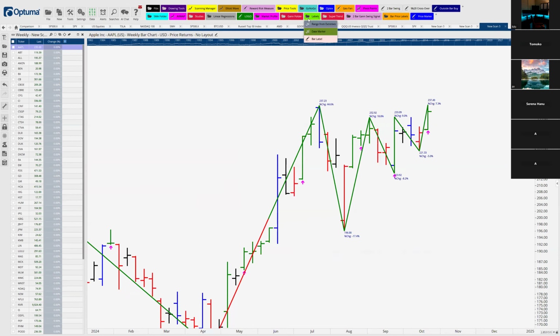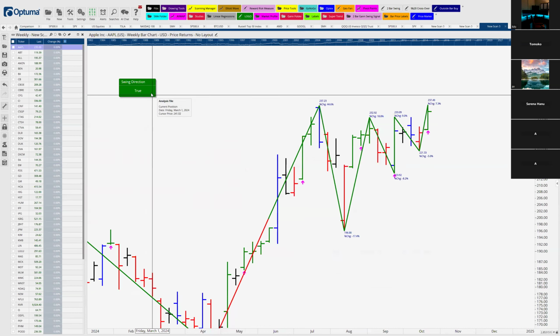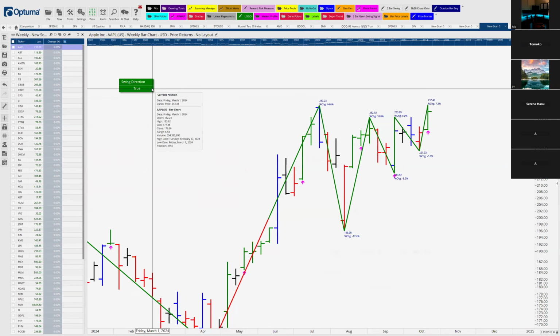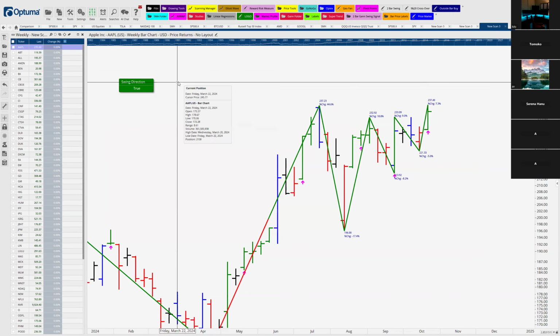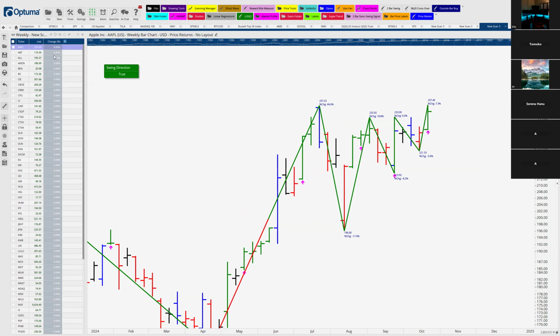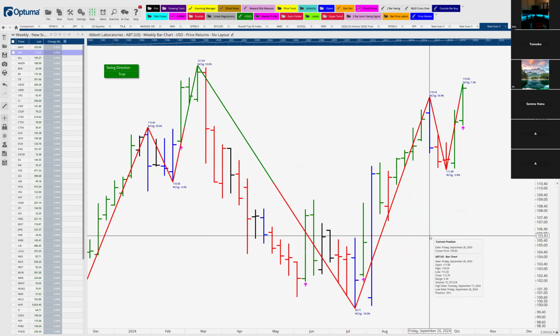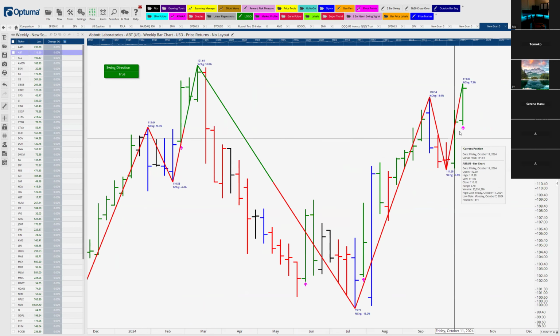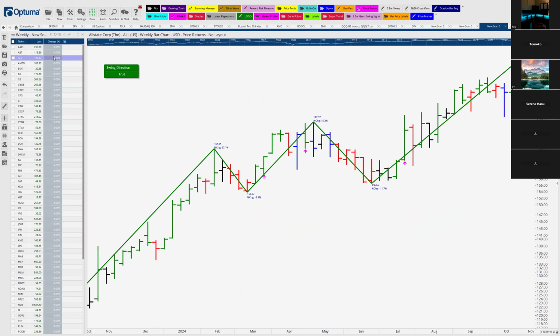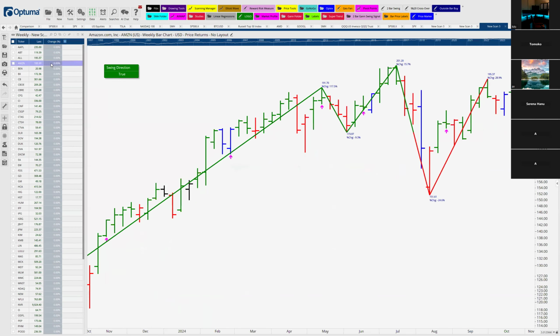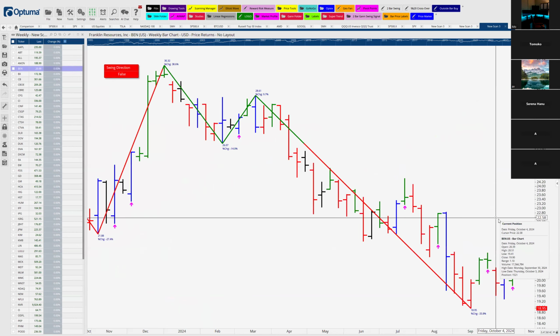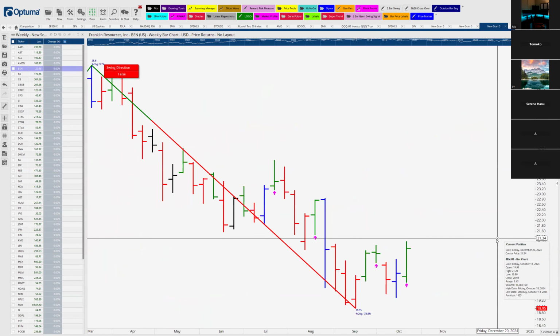You see? You can do this on a weekly. So it has a two bar, like let's say this one. See, two higher bars. You just look for a third higher bar, like this one.